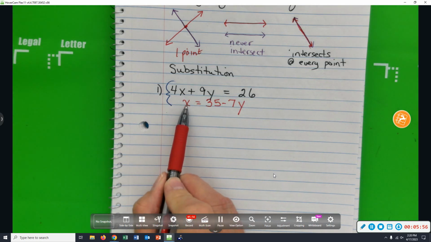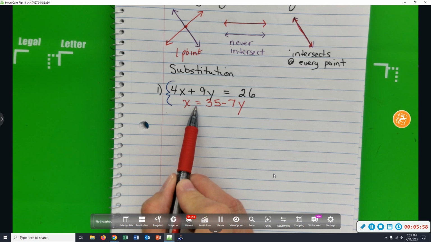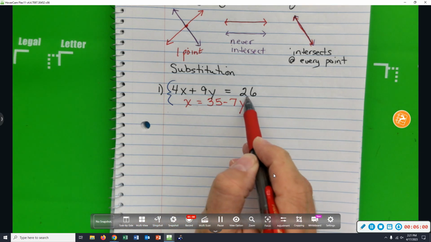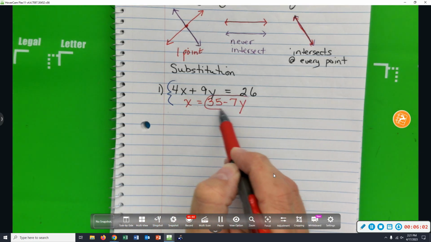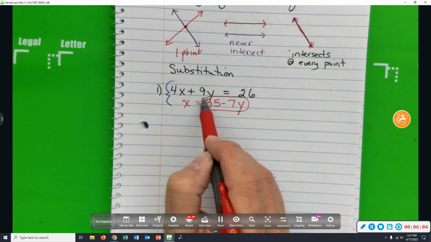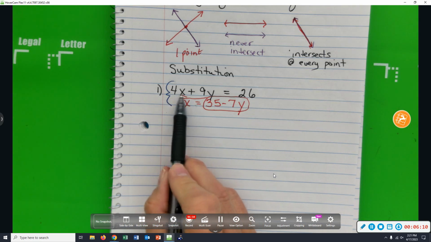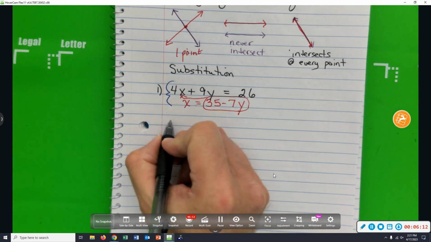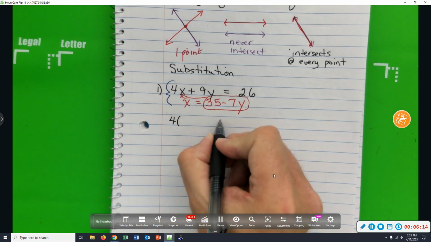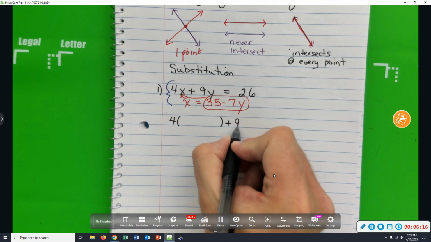Look at this equation right here. x equals. Let's plug this 35 minus 7y in for x. It says x equals, so let's replace that black x with 35 minus 7y.